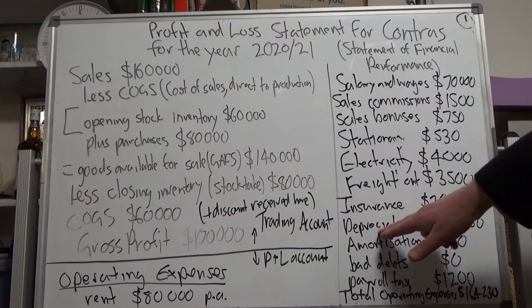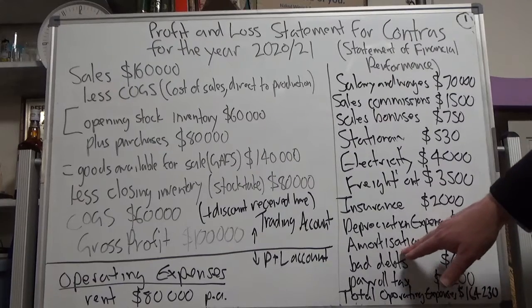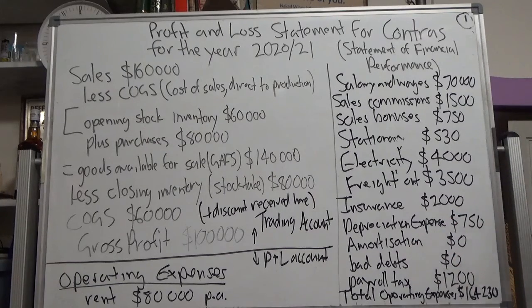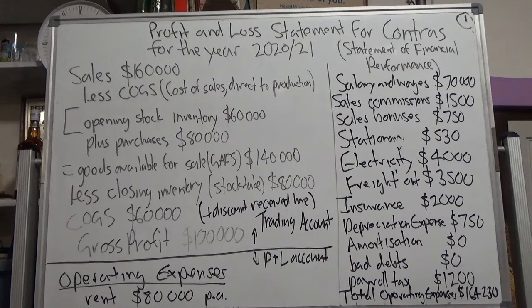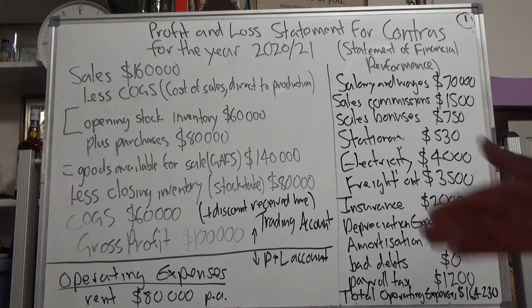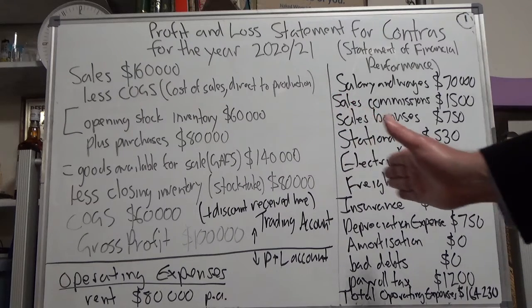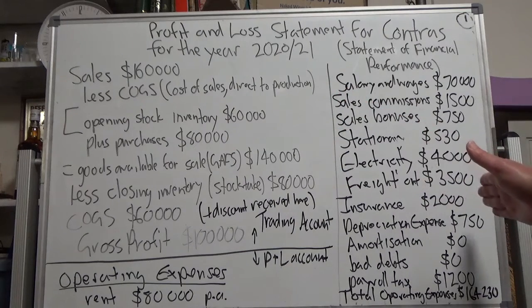So amortization is reducing the value each year of intangible assets, and goodwill is a good example of how an asset is amortized. The value eventually runs down over time.